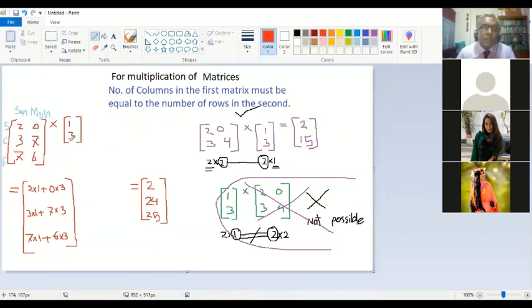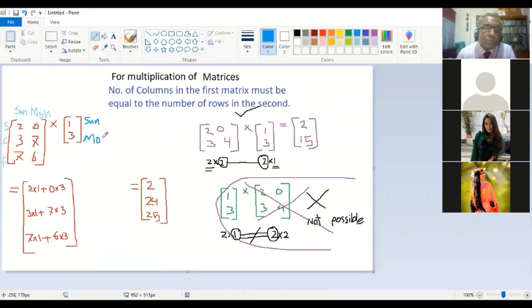Now I need to tell you what these numbers actually mean. The meaning of these numbers is written in a different way. In this case, the rows are Sunday and Monday.